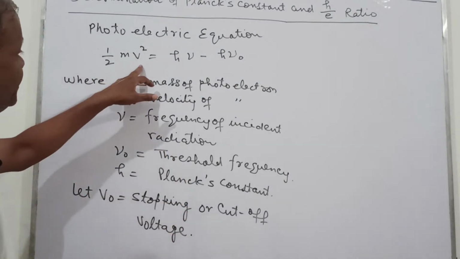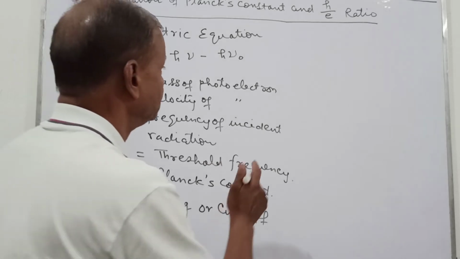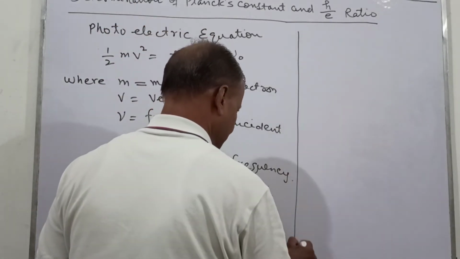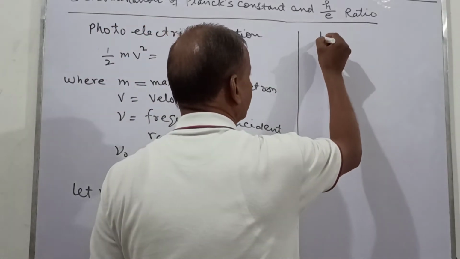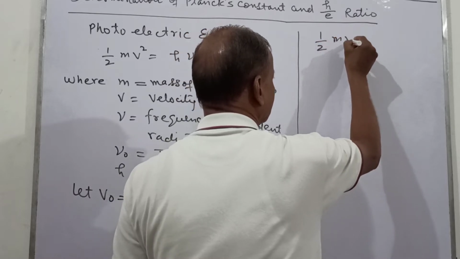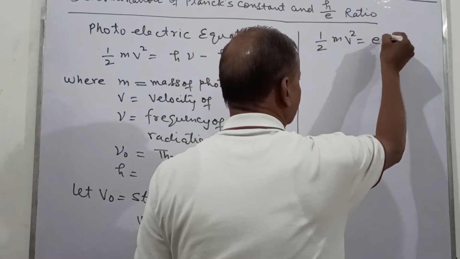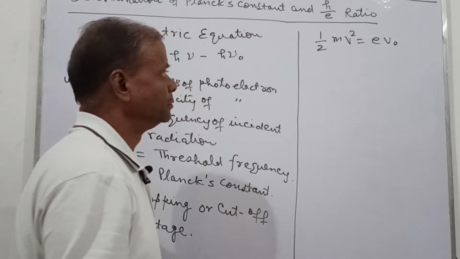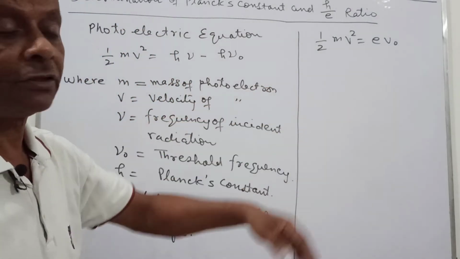Then this half mv square is equal to eV naught, where e is the electronic charge.